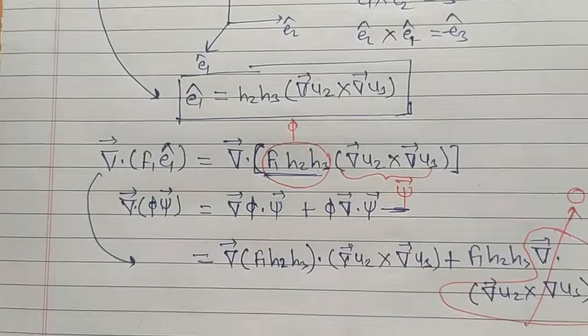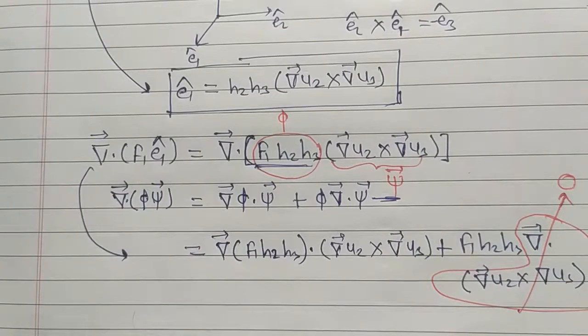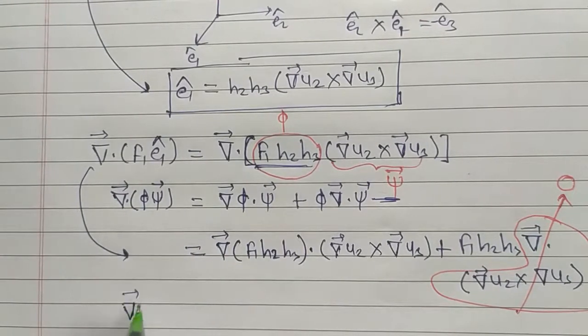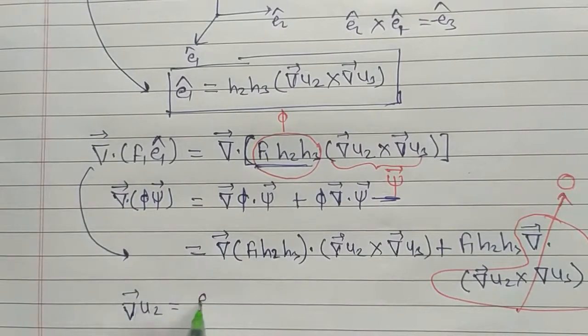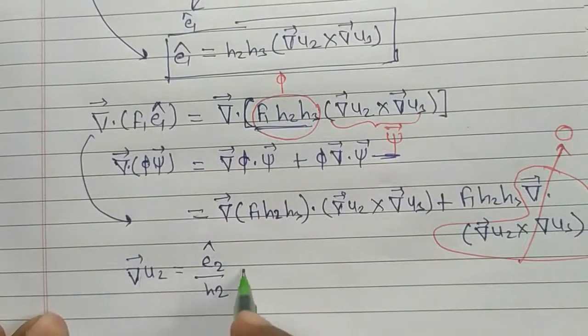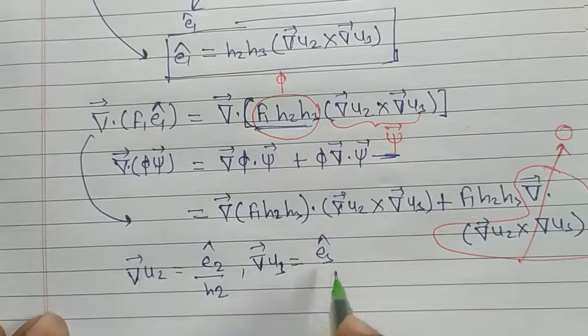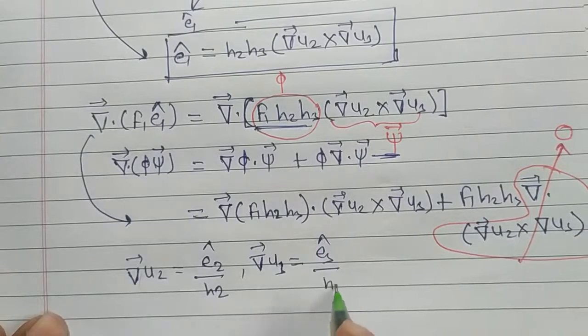How? You can see del bar u2 contains e2 cap upon h2 and del bar u3 contains e3 cap upon h3.